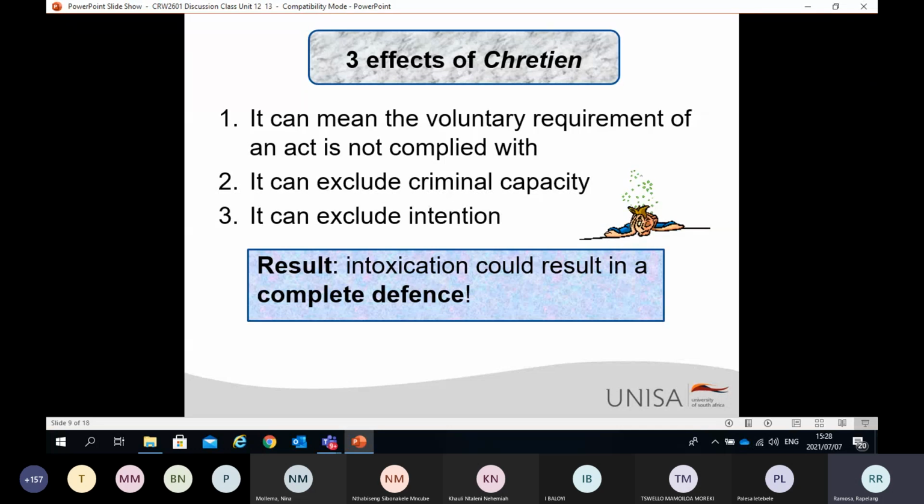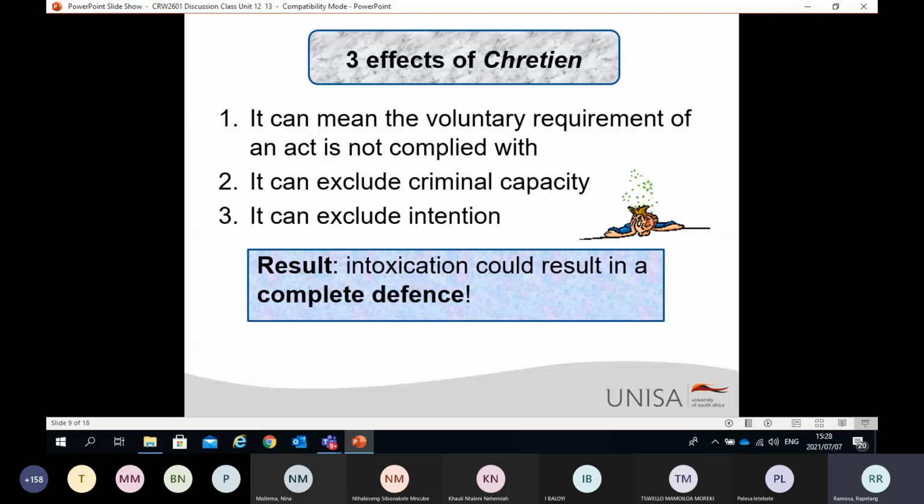And then below that, it is also possible that X, because of the state of intoxication, may still have voluntary conduct, may still have criminal capacity, but may lack intention in that he or she did not foresee the possibility that death may occur and did not reconcile themselves with that. So the result here is that intoxication could result, according to Chretien, in a complete defense, excluding liability.